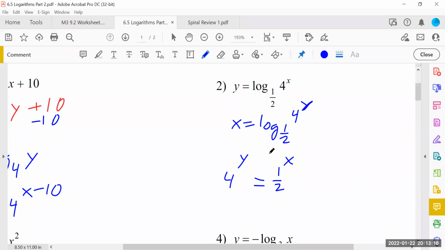In essence, there's a couple ways that you could try to work this one out. If you got this far, it's going to be good enough for now. We would really want to get that y by itself, and that actually requires using a different rule at the very beginning, essentially taking this y and bringing it down in front and figuring out what power of 1/2 makes 4.